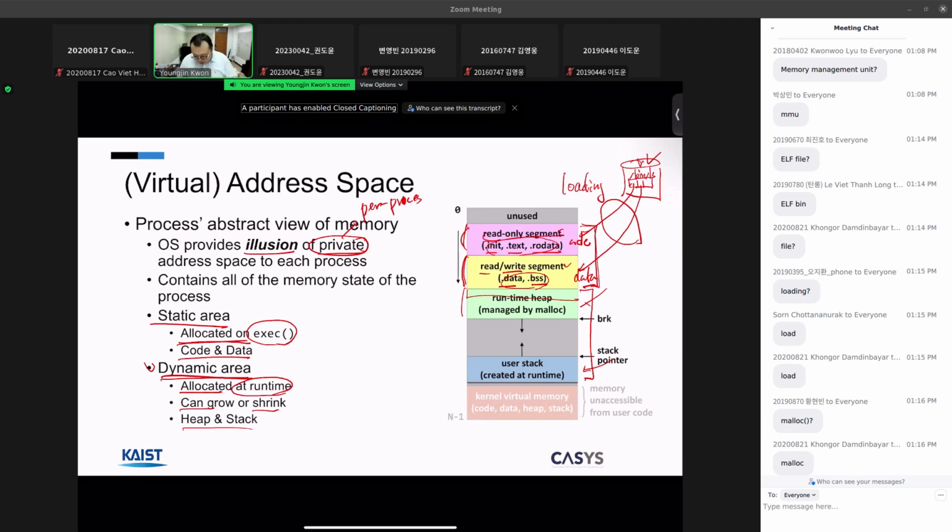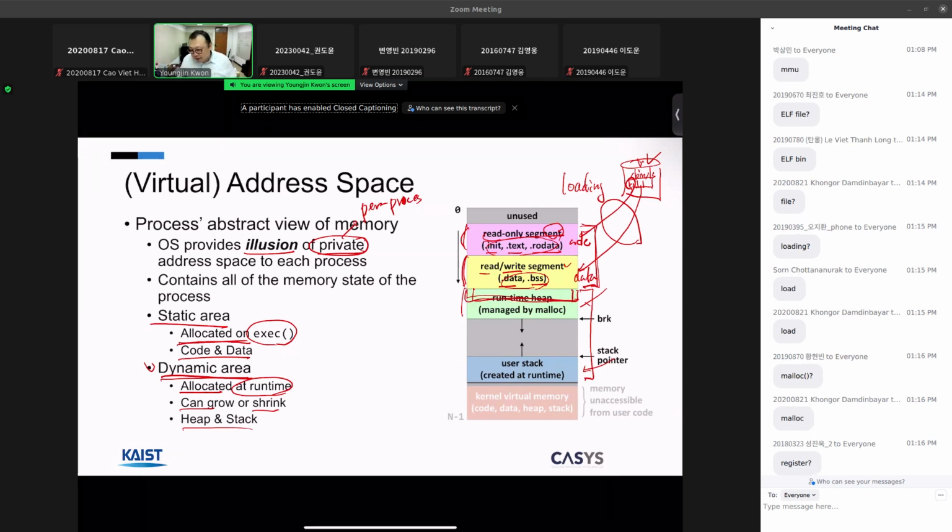But for now, this section, the data contents are stored in the binary. But this section, there's no stored contents. So what is the contents of that? What is the contents of it? Register? No. Let's say this content is initially allocated, then you start to use it.